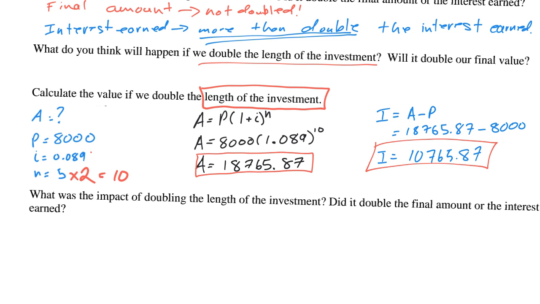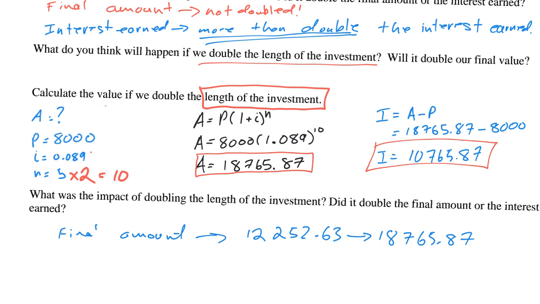What we want to know is, what was the impact of doubling the length of the investment? Did it double? The final amount went from 12,252.63 based on the original to 18,765.87. You've got to understand this was not doubled.